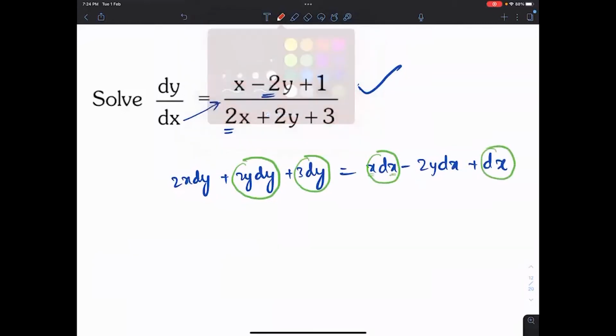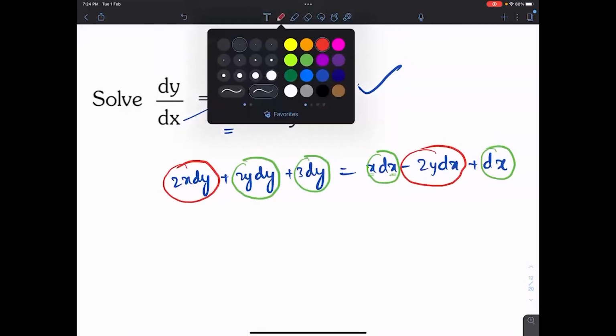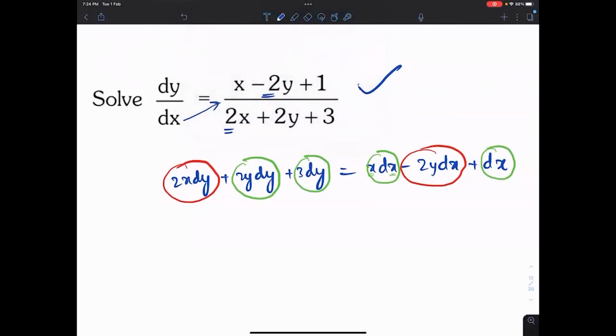The problem is these two terms. Combine those two red terms and bring them to the left side, I'll get 2 times x dy plus y dx, and the remaining terms as they are, equal to 0.